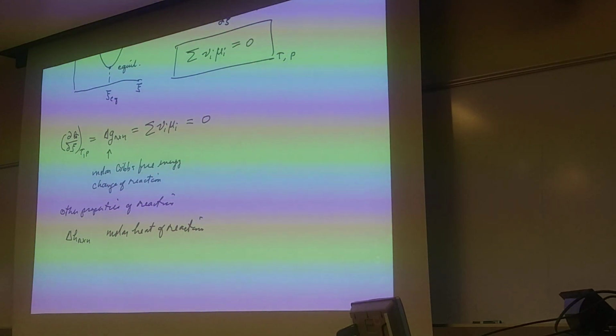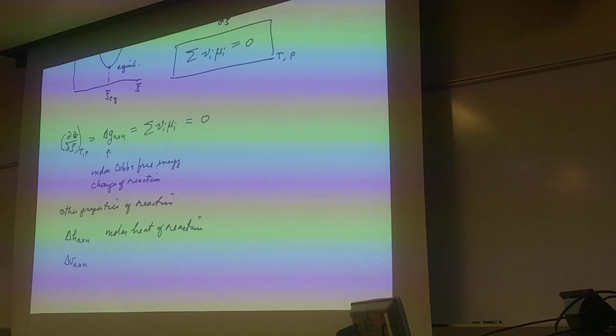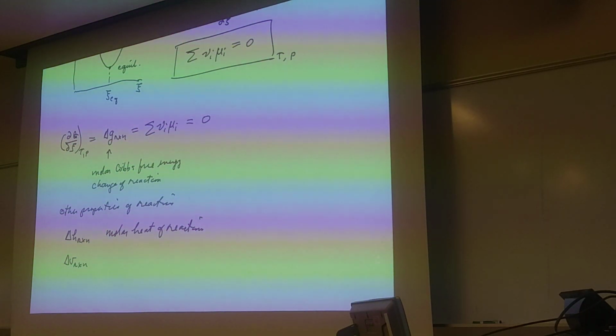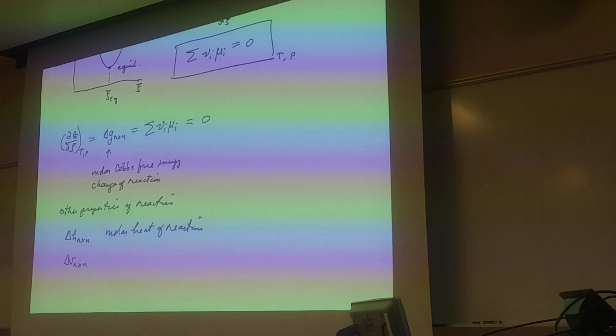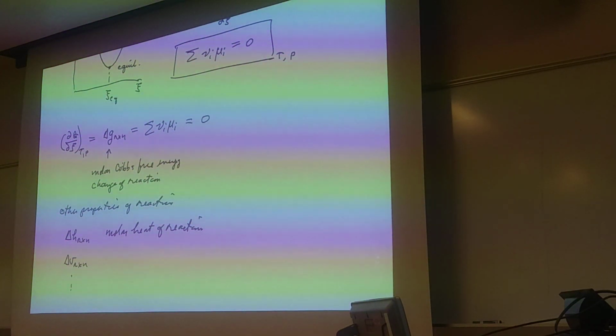We could possibly be interested in something like the volume change of reaction. You can think of other properties, any of the thermodynamic properties we have, I could write them and they would be the molar change of reaction, whatever that property is.